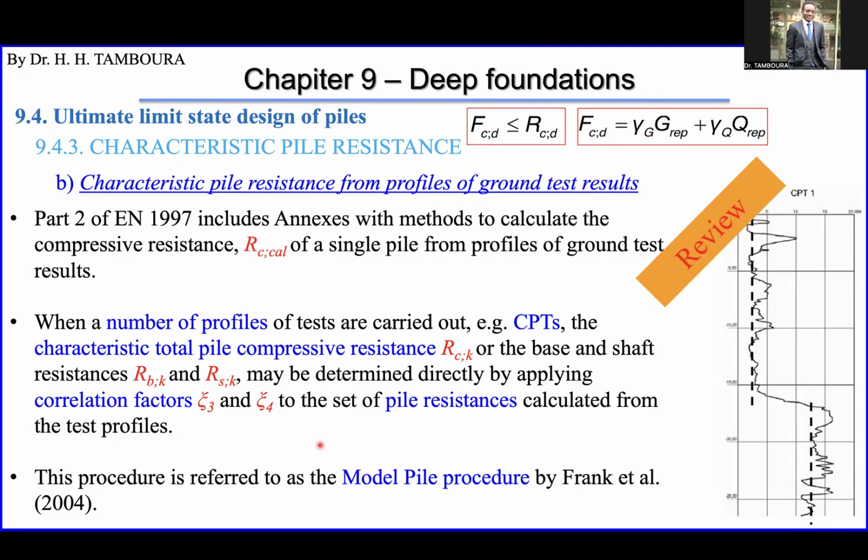And that is where the second Eurocode, the new Eurocode 7, I mean the second generation of Eurocode, is bringing a lot of innovation. So model pile procedure, this is what we are going to do, okay?